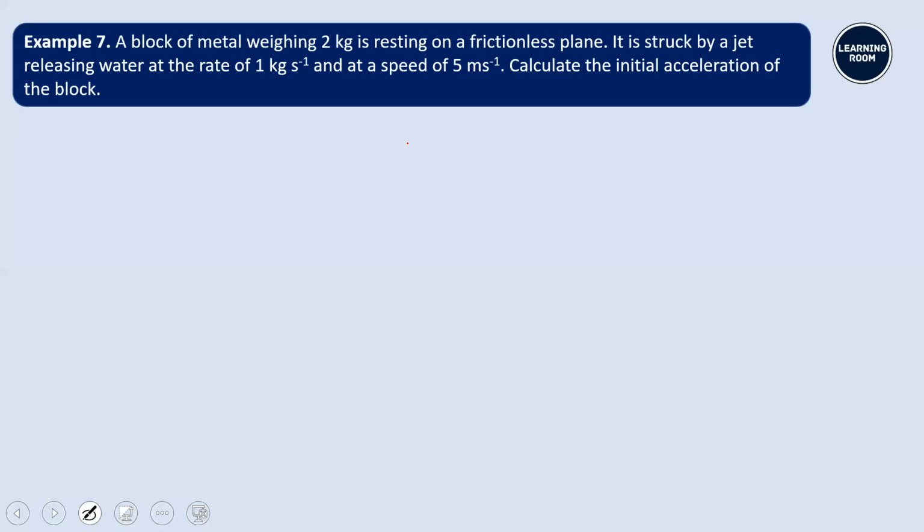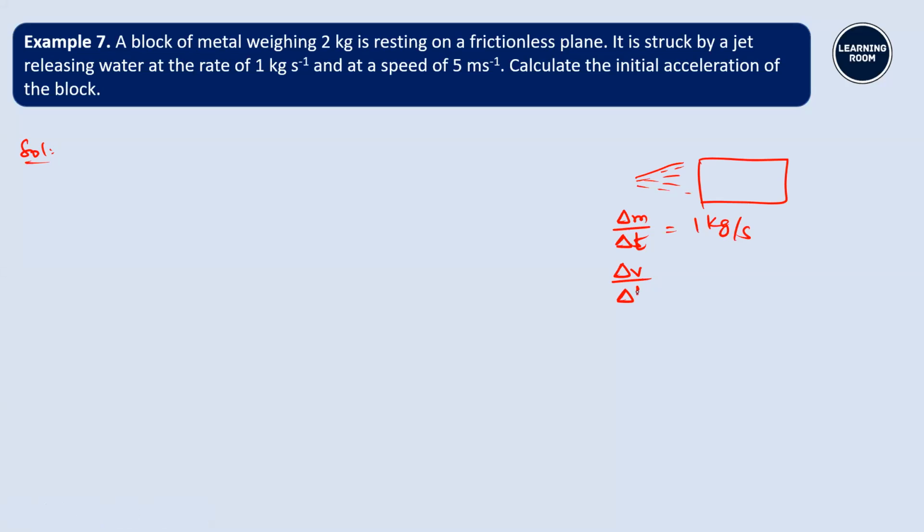You see, let's collect the data first. So this is the metal block. Let's say this is the spray or the jet of water that is actually coming out. So what is given? The amount of mass per unit second is given as 1 kilogram per second. Is it right? So delta M by delta T is 1 kilogram per second.